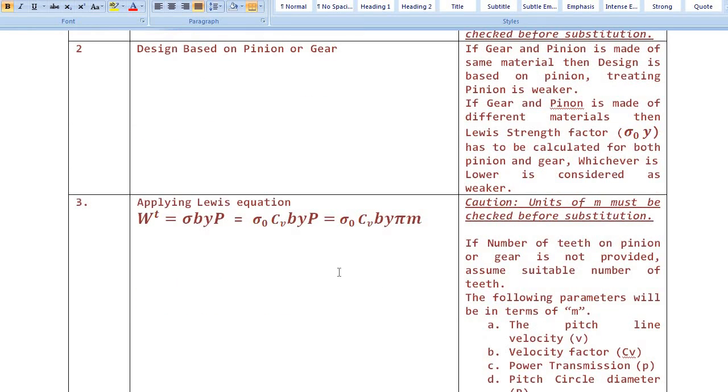Coming to the next step of the design procedure, the Lewis equation, that is Wt is equal to sigma V y into P, which we transform into sigma naught Cv b y pi m. The caution here is that different textbooks follow different calculation processes, so we are following one particular procedure. All the terms are converted in terms of module.